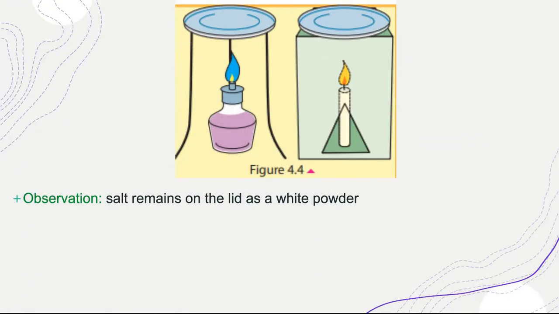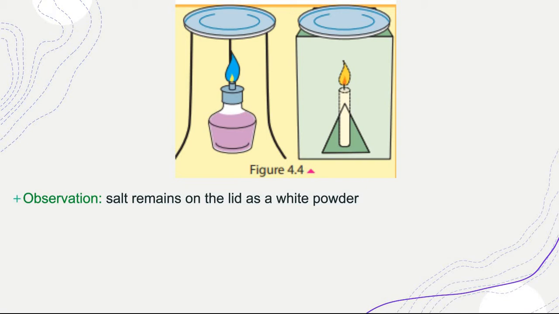So you might be able to observe salt, that is some white colored precipitate sort of a thing, remains on the lid as a white powder. Now although I have mentioned here salt remains on the lid as a white powder, for an observation you cannot specifically say what the substance is.